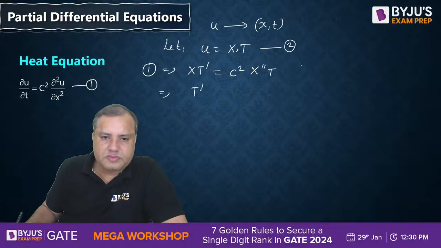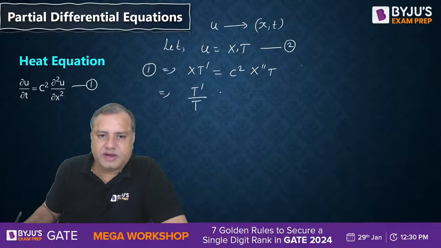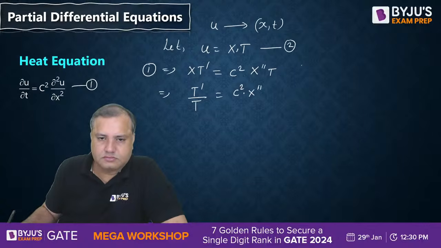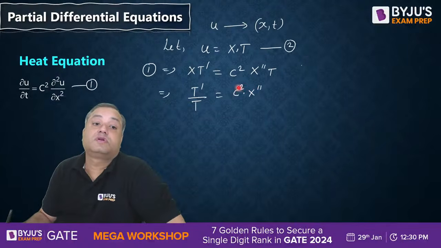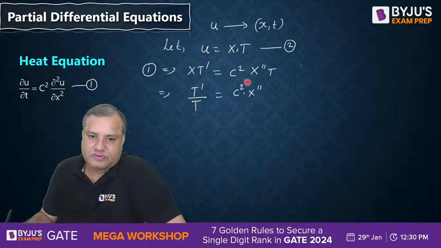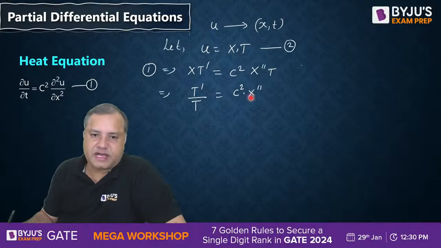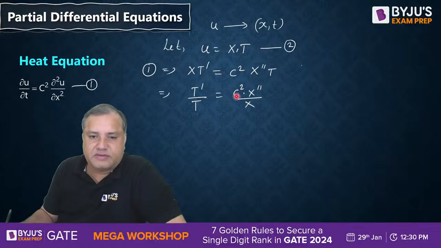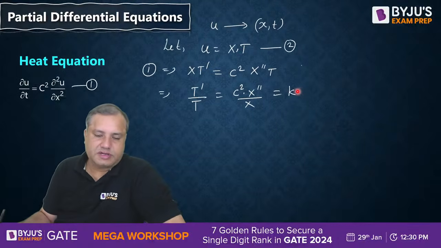So t dash by t, and c square x double dash upon x equal to k. Correct? Got it?